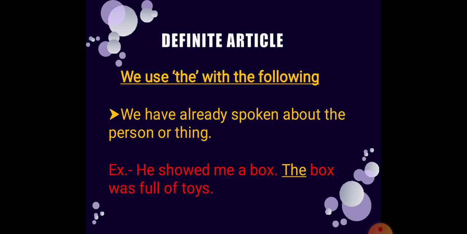The box was full of toys. In this example, in the first sentence we introduce a box, and in the second sentence we are talking about the same box. So that is why in the second sentence we have used the, because we have already spoken about the box in the first sentence.